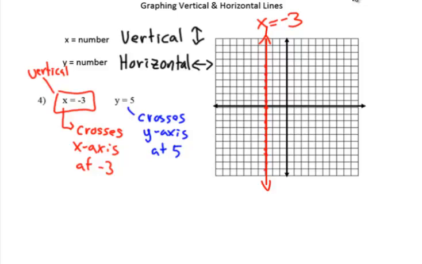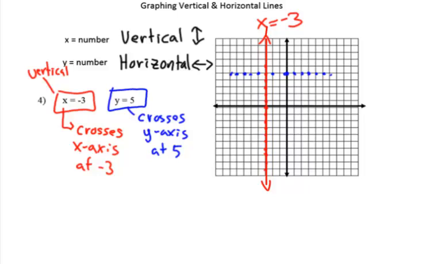Now for our horizontal example, we have y equals 5. Well, where does y equal 5? Where does it cross the y-axis at 5? So 1, 2, 3, 4. Right here is the value y is 5. But there the value is 5 for y. And all across this line, the value for y is 5.